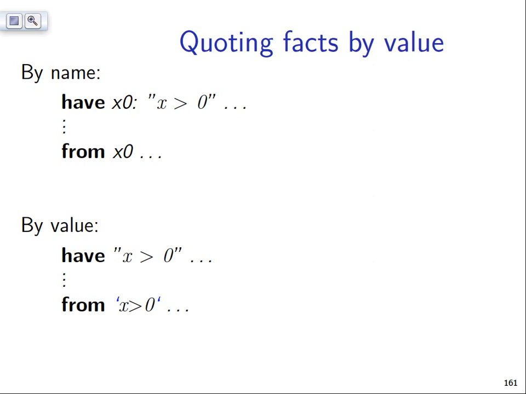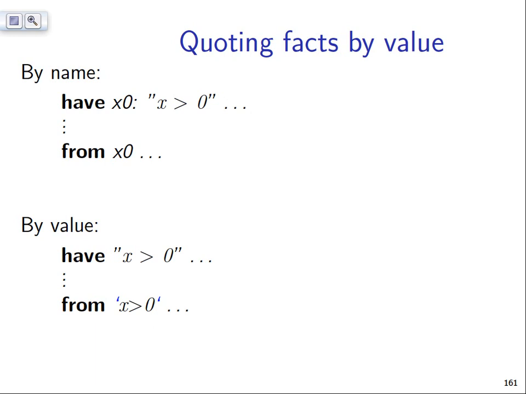Rather than invent a name, you just prove the proposition, and then later on you refer to it by value. Namely, you put these back quotes or back ticks around the formula. The fact that I've not put any spaces there, I've just written x greater 0, has no relevance.